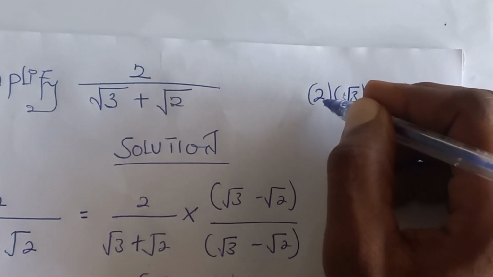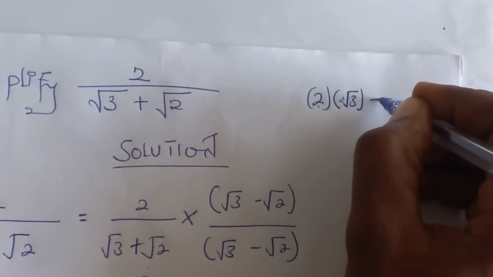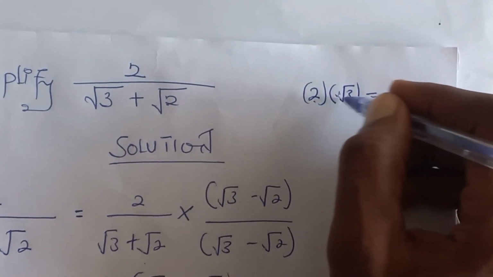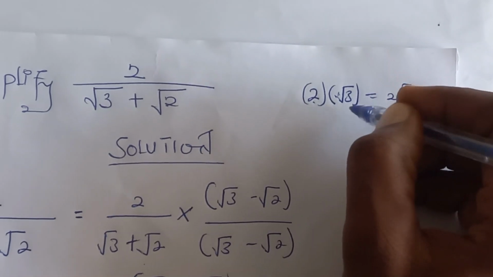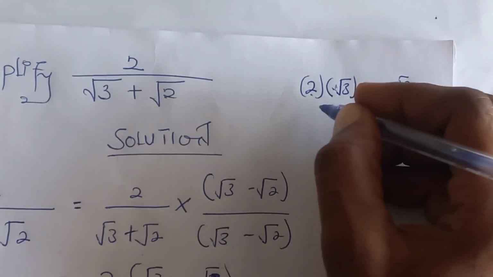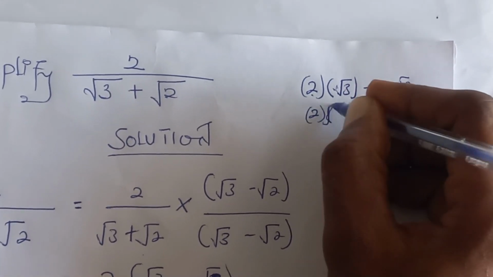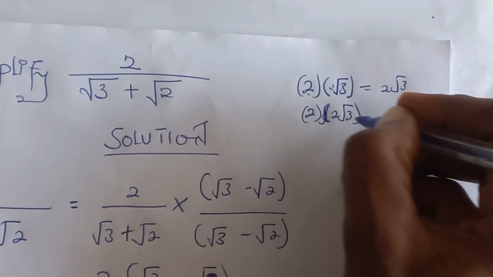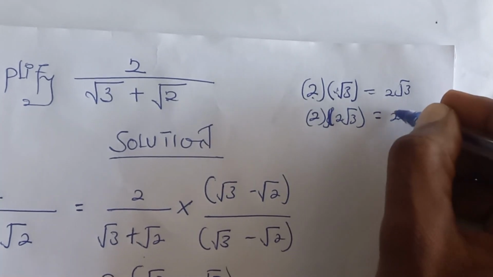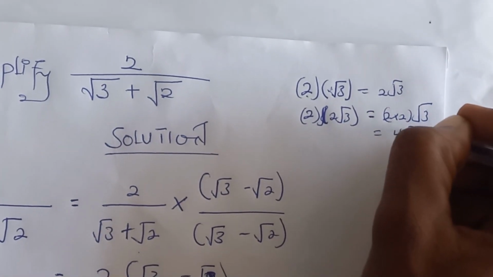So it's going to be 2 times 1 root 3, so it will be 2 root 3. Please, we don't multiply what is under the root. For instance, you can get 2 multiplied by 2 root 3, and in this case, it's going to be 2 times 2 root 3. You see, so it will be 4 root 3.